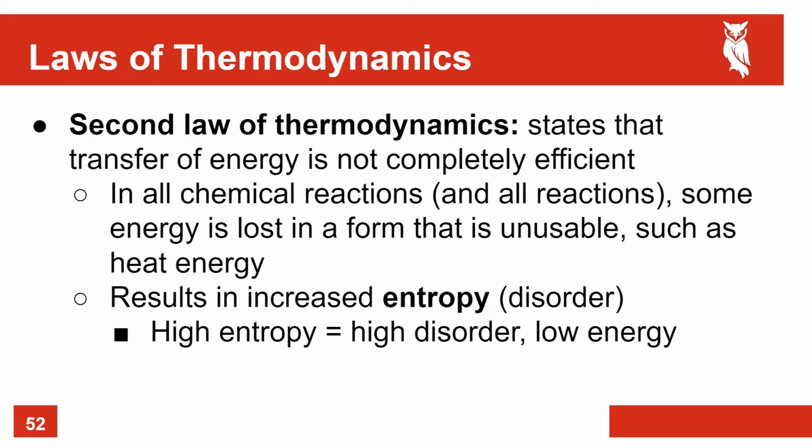I want you to think about this from a chemistry or molecular standpoint, because we're going to look at some pictures of states of matter, and it kind of throws you off. To get to a higher state of matter, you have to add energy. So that makes sense. High entropy means high disorder, low energy.